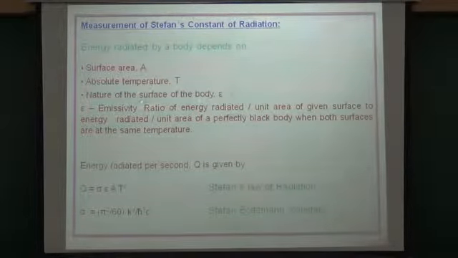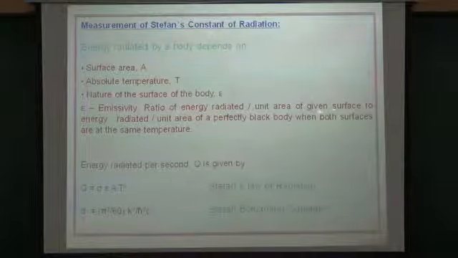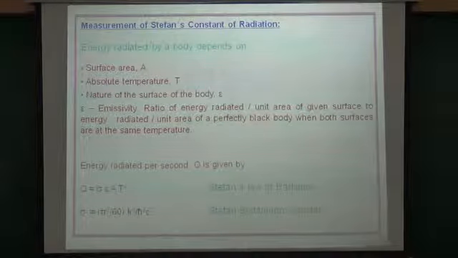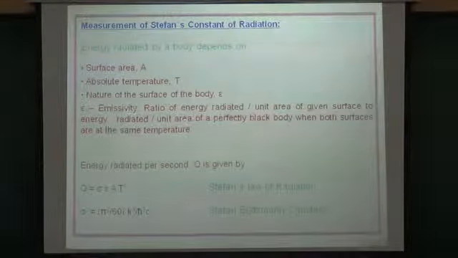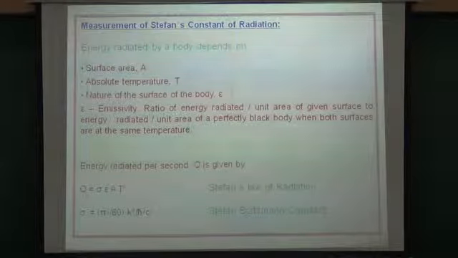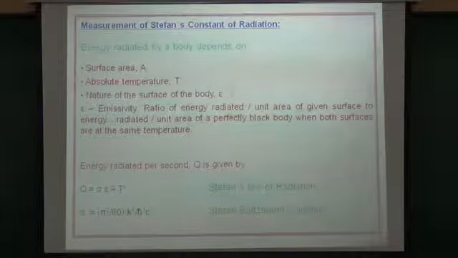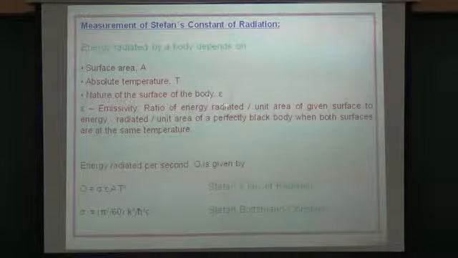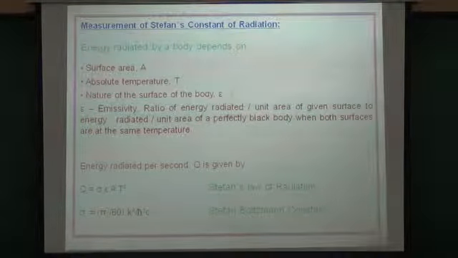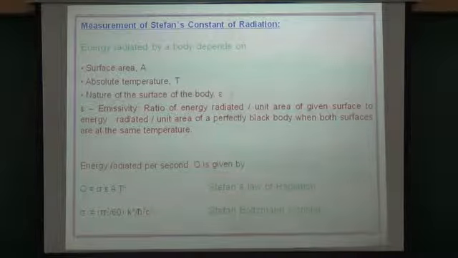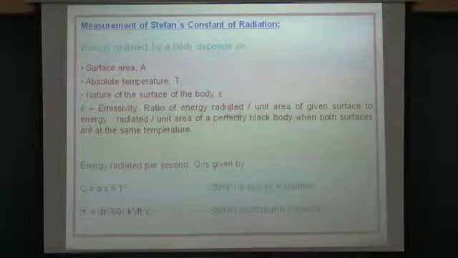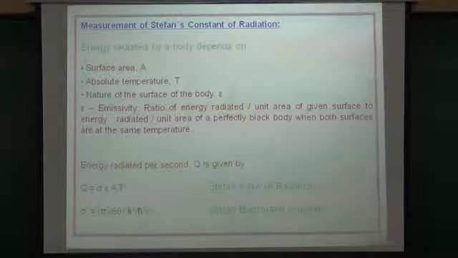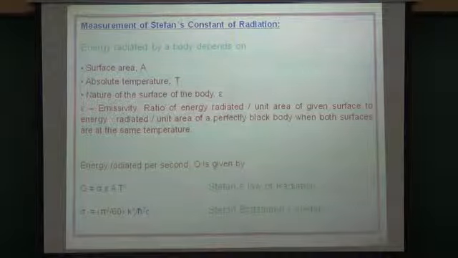Emissivity is defined as the ratio of energy radiated per unit area of a given surface to the energy radiated per unit area of a perfectly black body when both the bodies are at the same temperature. This is the definition of small e. For a black body, the value of e is 1, as in reality there is no body which has the value of e equal to 1, e is always less than 1.